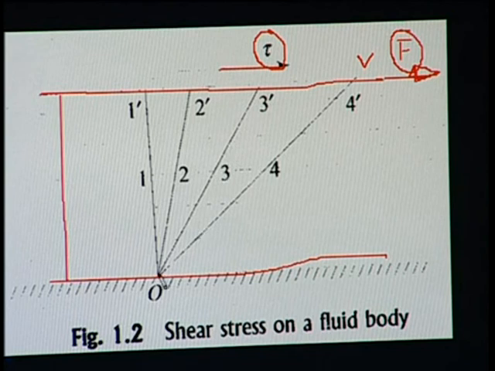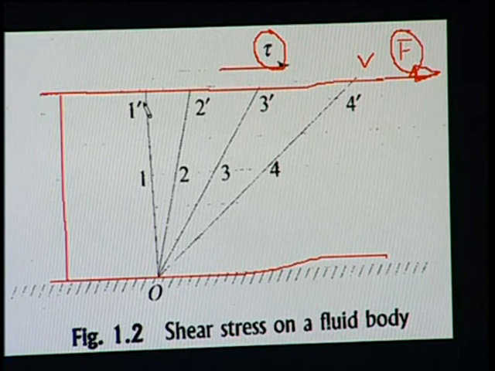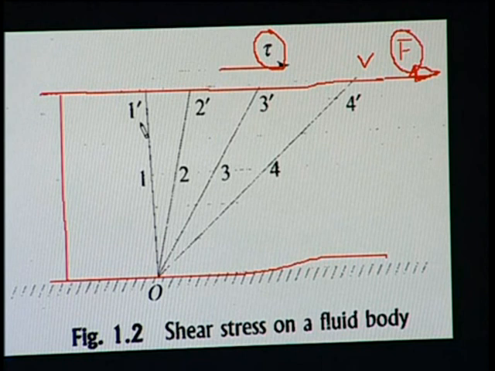That means that when F was 0 and this was the position of the fluid O, 1, 1 dash at any instant, when we started applying force F, because of that the upper plate starts moving with velocity v in steady state condition. In that case, what happens to this line O 1, 1 dash?